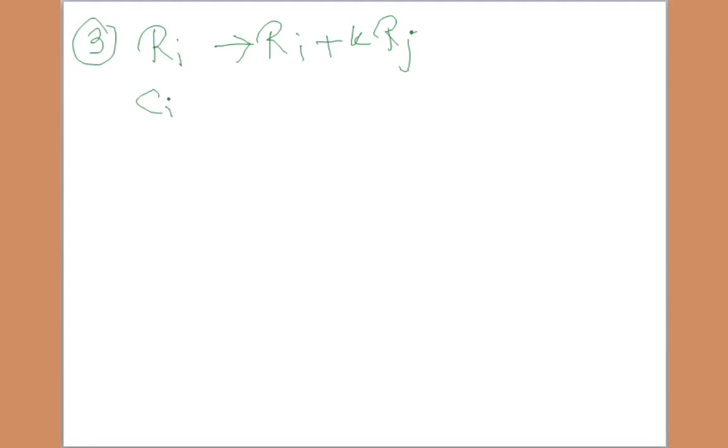Similarly, in case of column, Ci becomes Ci plus k Cj, where i and j are column numbers.